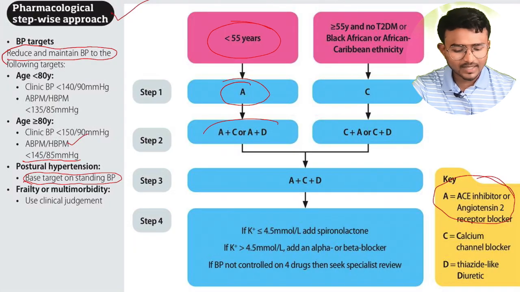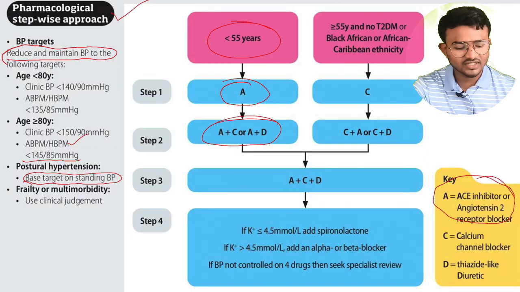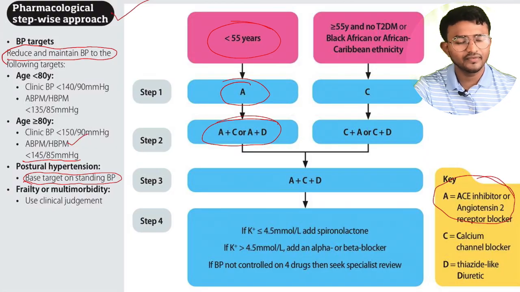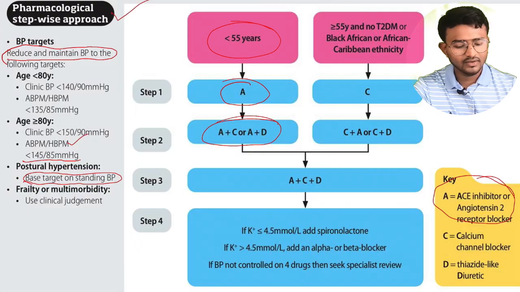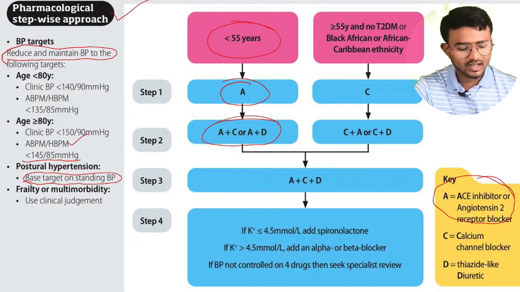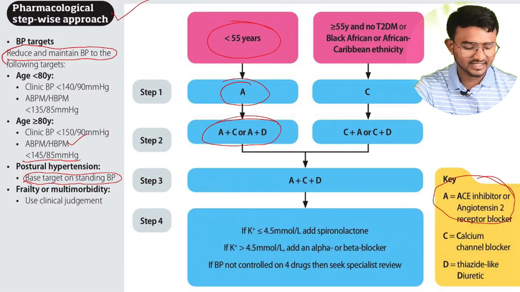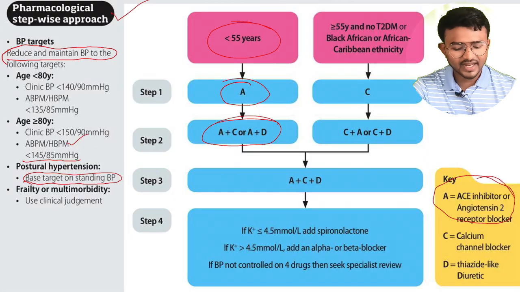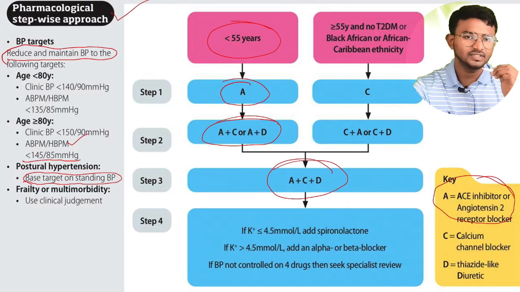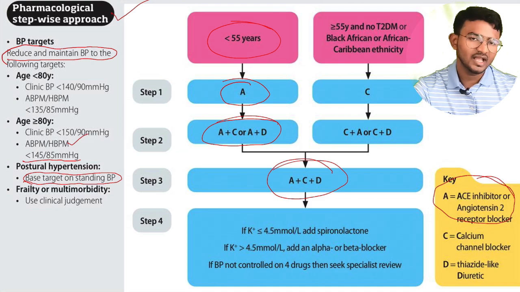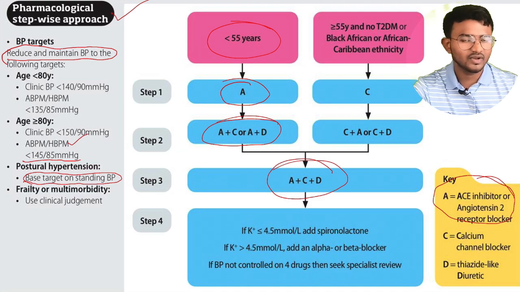Okay, in step 2 you can go with ACE inhibitors and ARBs, and you can go with calcium channel blockers or thiazide diuretics. Next, in severe cases you can use ACE inhibitors or ARBs, or calcium channel blockers, and you can add diuretics also.